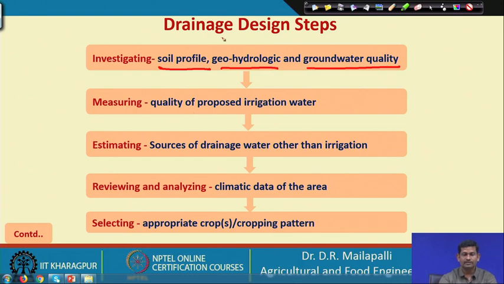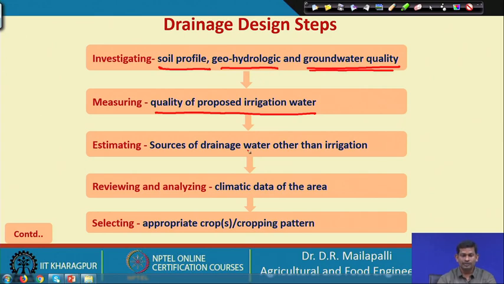Soil profile: whether it is layered soil, clay soil or sandy soil. Geohydrology, in the sense of the hydraulic conductivity at different places and depths, and the quality of groundwater, and measuring the quality of the proposed irrigation water.